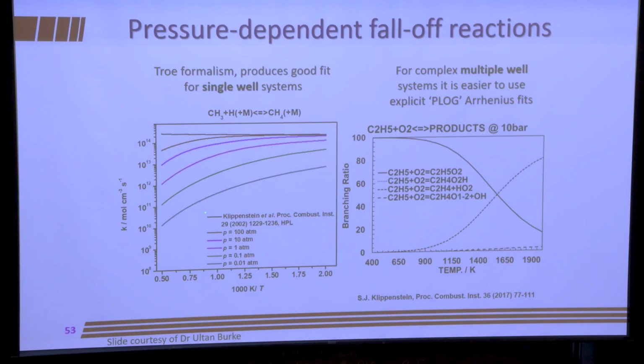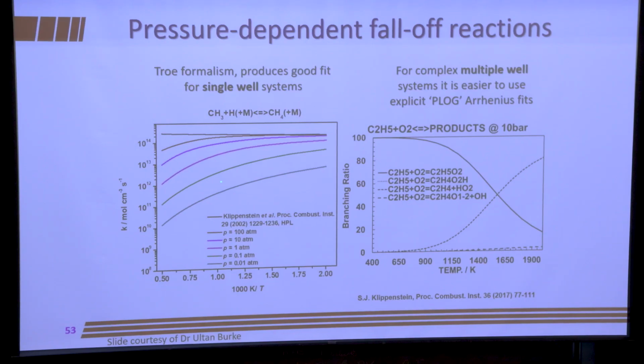Here's the rate constant at 0.01 atmospheres, here it is at 1/10 of an atmosphere, at 1 atmosphere, 10 atmospheres, 100 atmospheres, and then the high pressure limit. You can see that's the pressure dependence calculated. But what if I want to calculate a rate constant at 5 atmospheres, or at 1/2 an atmosphere?